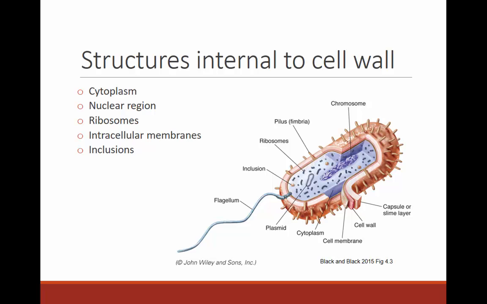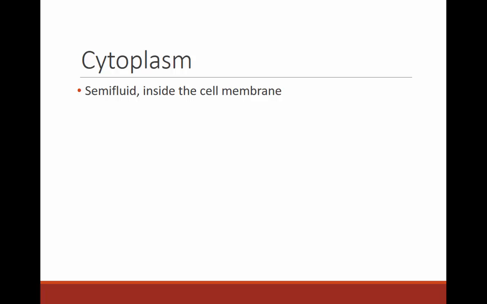Now, if we go inside the cell membrane, we've got the cytoplasm, nuclear region, the ribosomes where proteins are produced, and the intracellular membranes as well as inclusions. So the cytoplasm, what can you say? It's semi-fluid and it's inside the cell membrane. Okay, that's good.